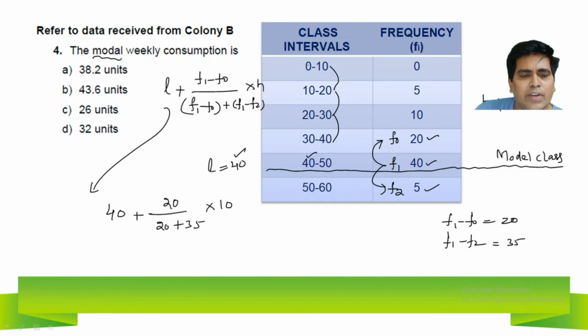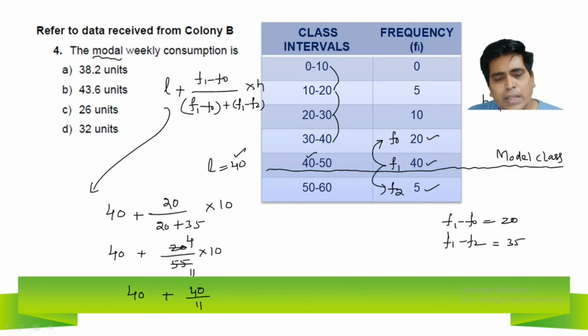So calculate this value. 40 plus, total you are getting 20 by 55 into 10. 55 into 10, so cut it with the 5 table. 5 4s are 20, 5 11s are 55. So total you are getting 40 plus 40 by 11.